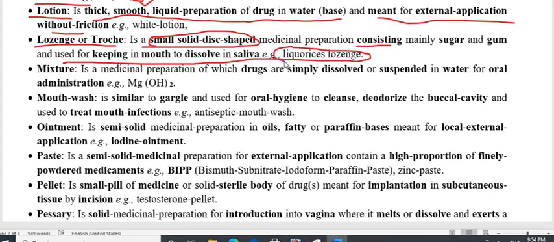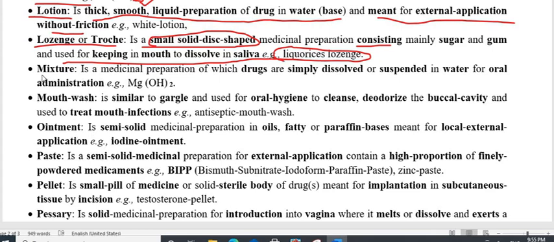So lozenges and troches are disc-shaped medicinal preparations, small in size, consisting of sweet things like sugar and gum, kept in the mouth, and the drug has to be melted in the saliva.